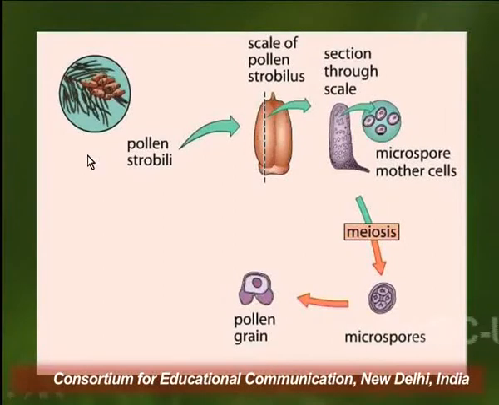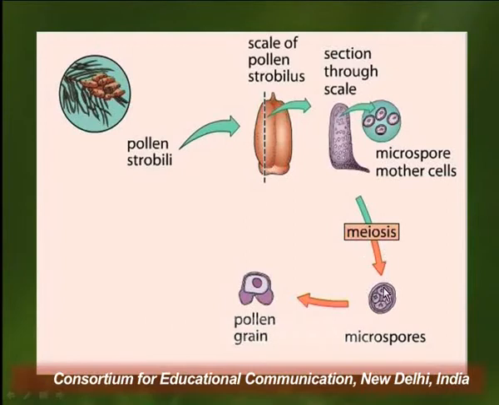Here, from a male cone, this is a scale of the pollen strobilus. Within this, on the lower side lie microsporangia, and within these microsporangia, microspore mother cells are found. Each microspore mother cell undergoes meiosis to form 4 microspores.